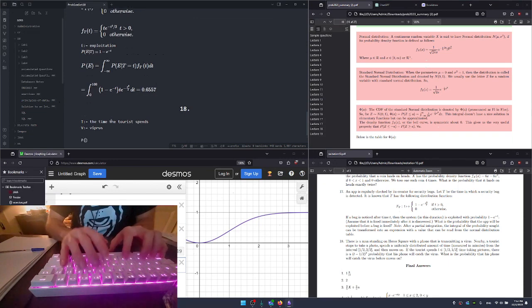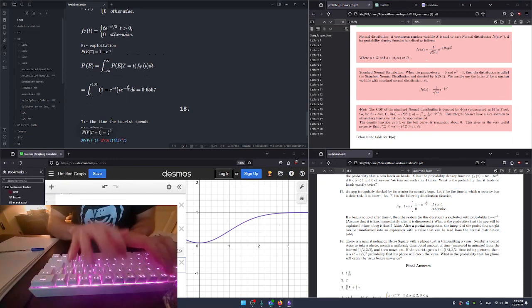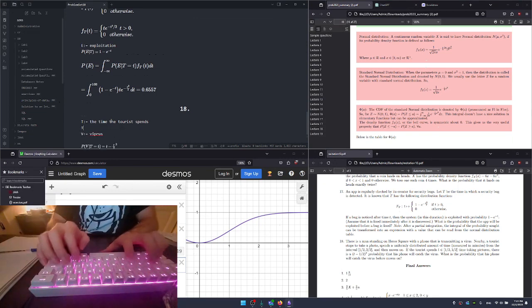The probability of virus, given that the time is equal to T, is equal to T over 2, to the power of 2, and then T minus 1/2. And T here is not a normal distribution, it's a uniform distribution between 1/2 and 3/2.